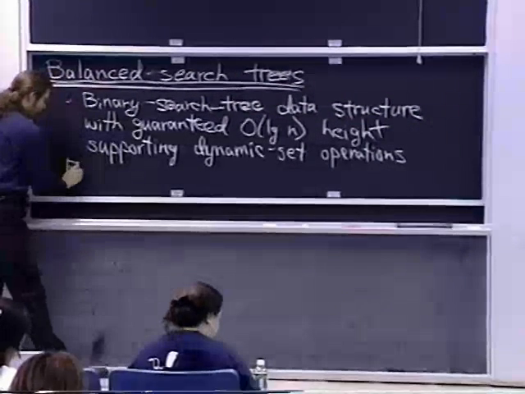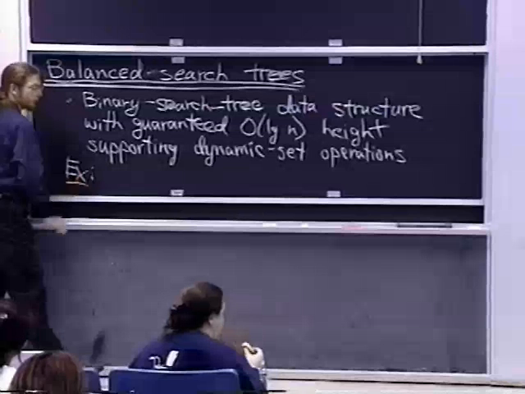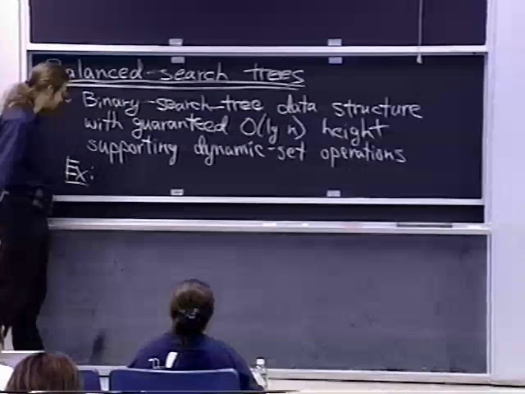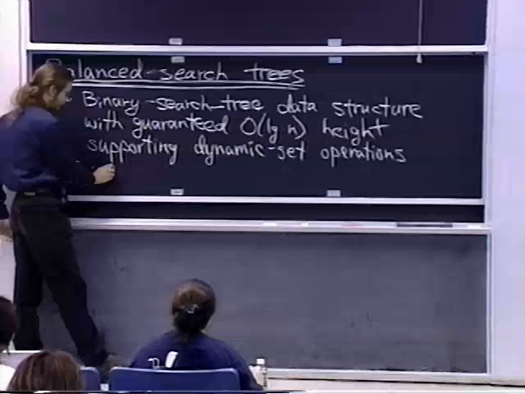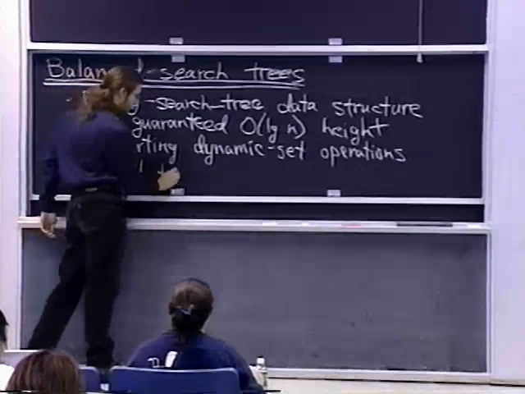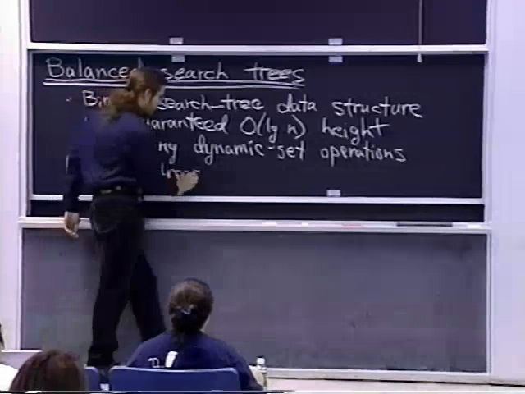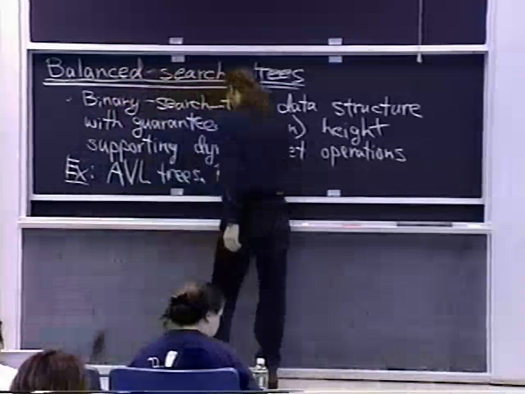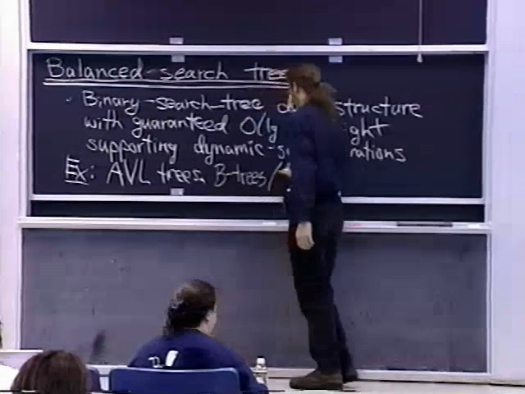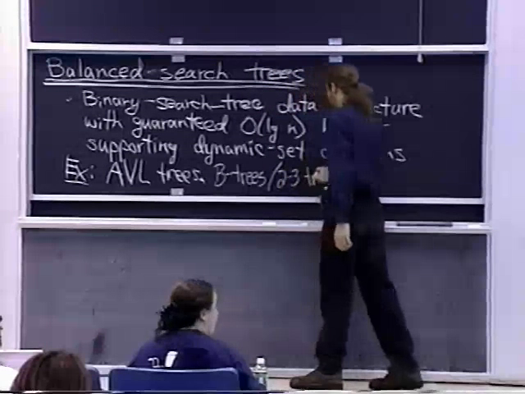And there are many examples of balanced search tree structures. And in this course, I think we will cover two, I think. Definitely one today and one in recitation on Friday. I think the first one was AVL trees. And on recitation, you'll see B trees and something called 2-3 trees.